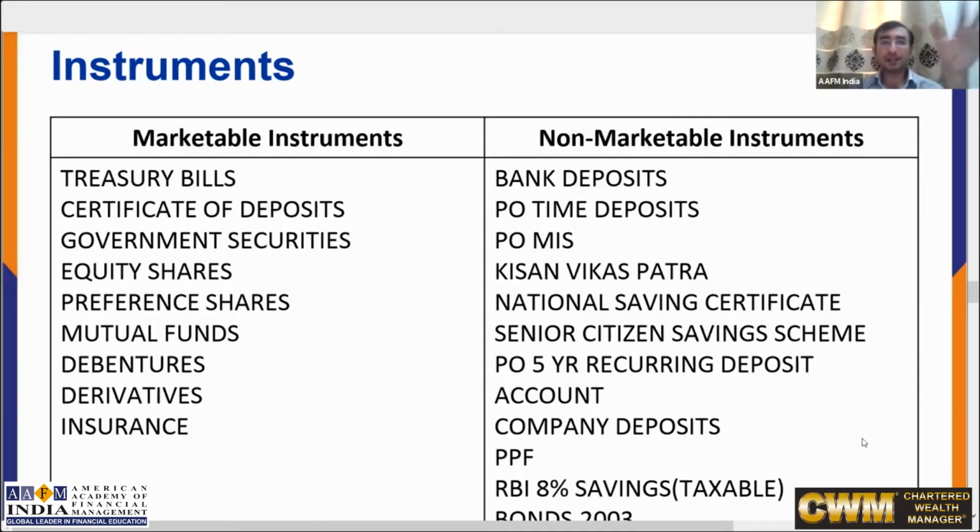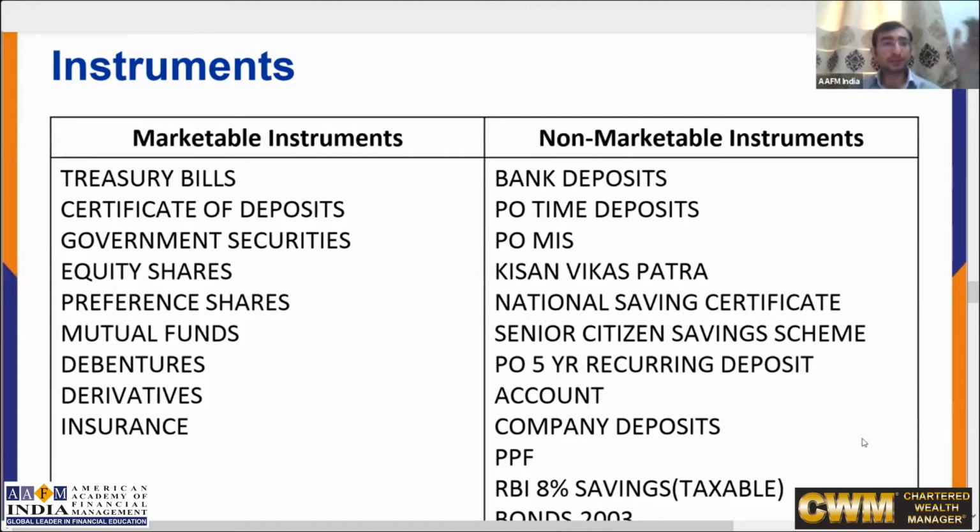Okay, so marketable securities: treasury bills are marketable. Although we as retail investors may not be allowed to participate in a few of the securities, like treasury bills, we can't participate. Government bonds, not all bonds are available to retail investors. But just as the nature of the instrument, we are just trying to understand.